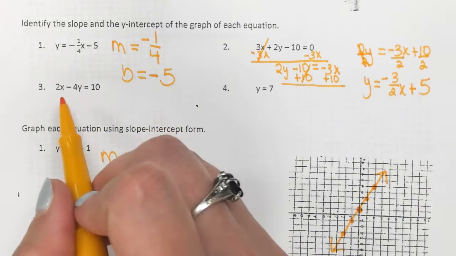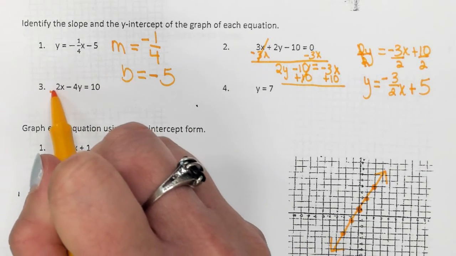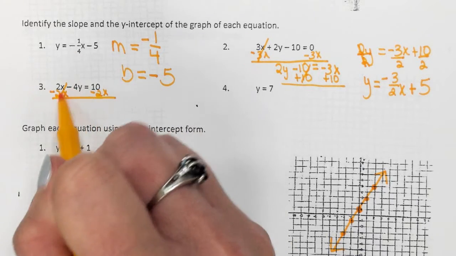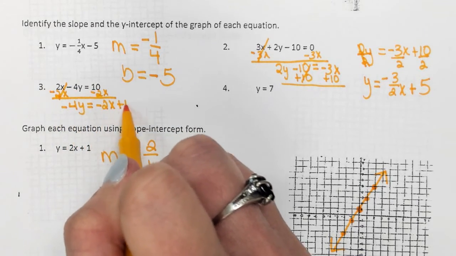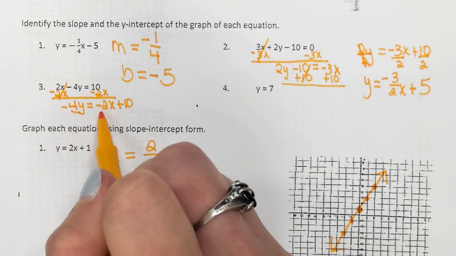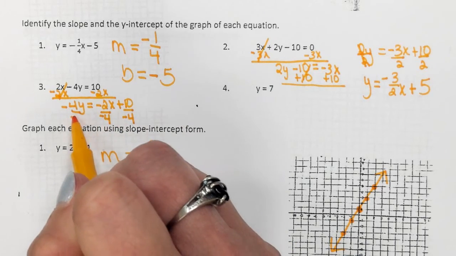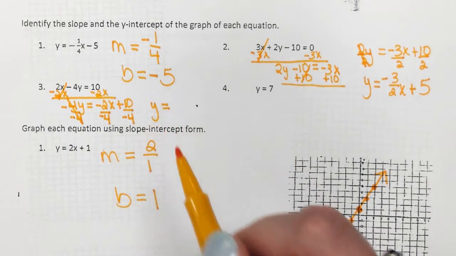All right, let's do number 3 together because that one has issues too. How do you solve that one for y? Yeah. So that would be negative 4y. Yeah. And that's a positive 10, right? Okay, you're going to divide each piece by how much? Negative 4. The 4's cancel.